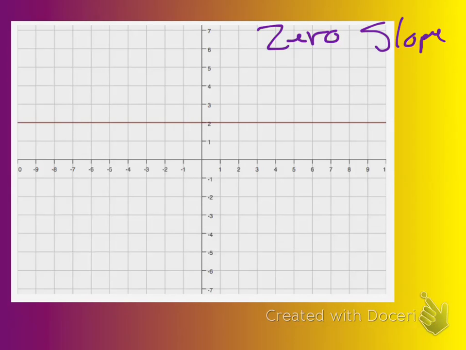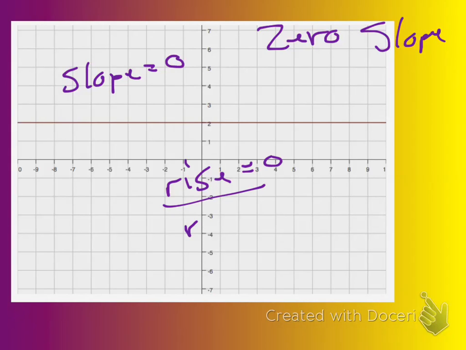Okay, so the slope of this line is just equal to 0 because my rise is 0. If I just chose a point here on (0, 2), and then if I chose a point here, my rise is 0, my run then is going to equal 3.